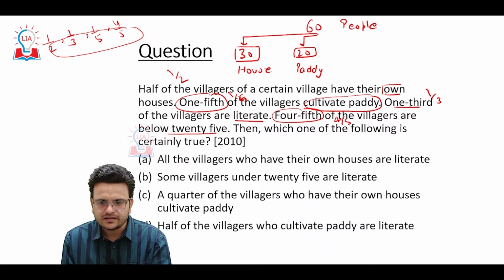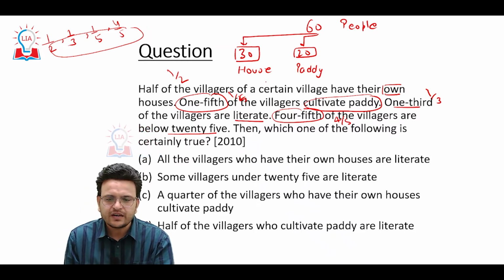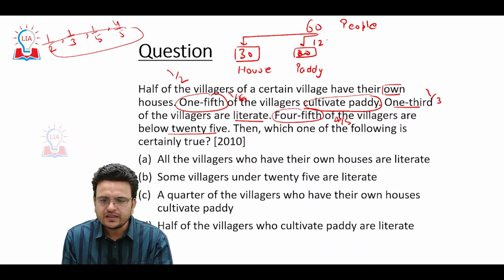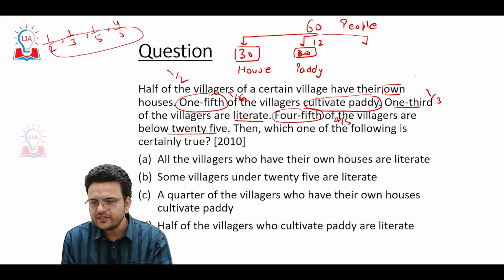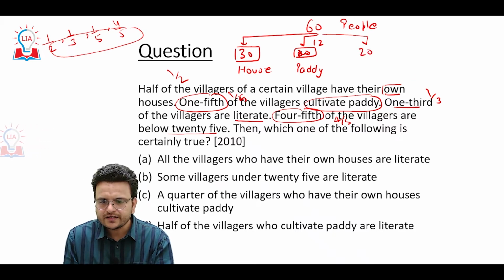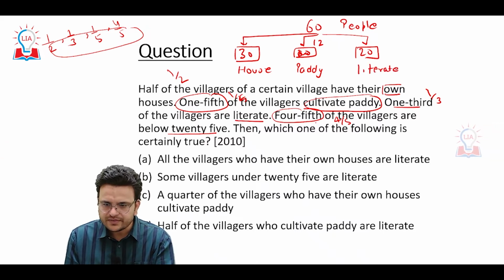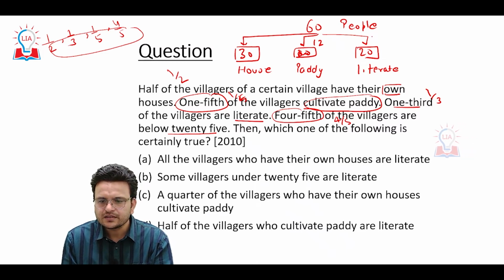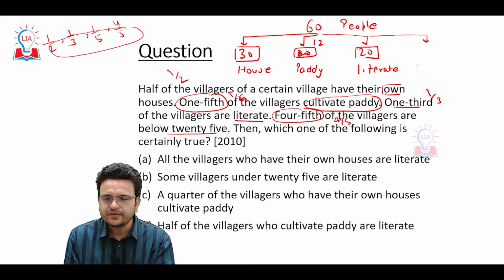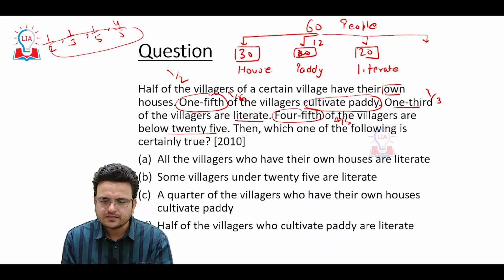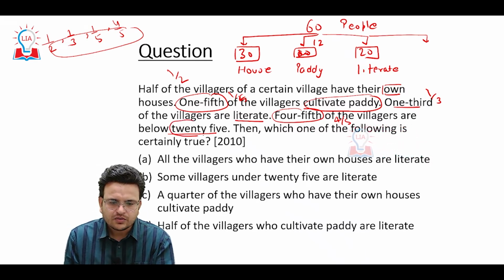Then 1/3, 1/5. 1/5 means 12. 12 have paddy cultivation. 1/3 will be 20. 20 are literate. Then 4/5 of the villagers are below 25.